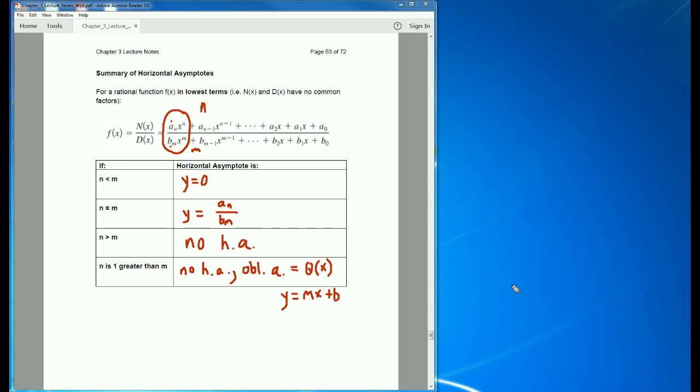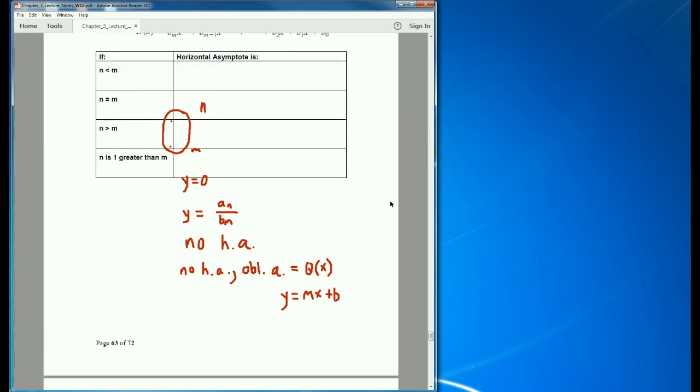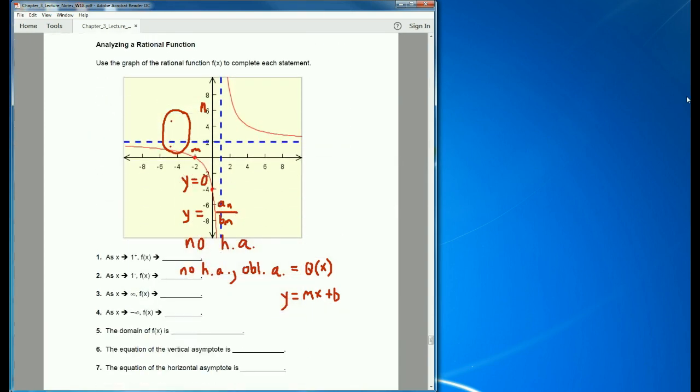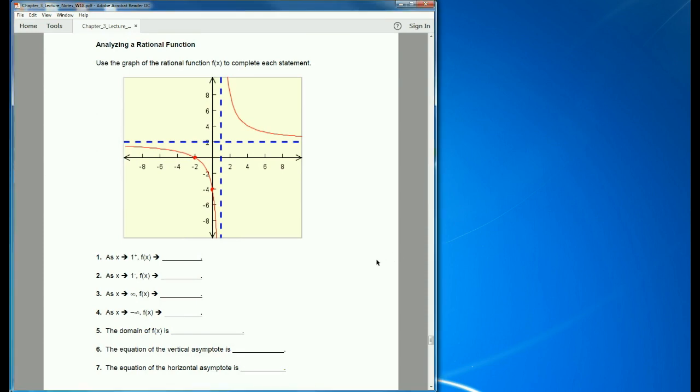All right, so before we go on to the graphing, let me just go to the next page real quick. Kind of learning, using everything we've just learned, to just analyze the rational function. So in other words, I've given you a graph here of a rational function.